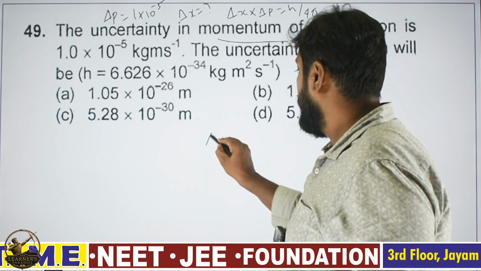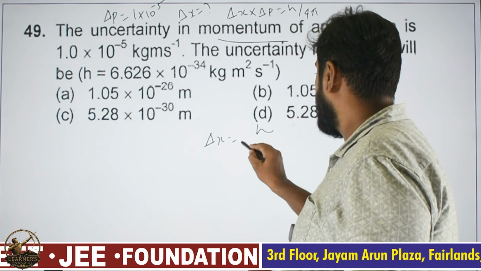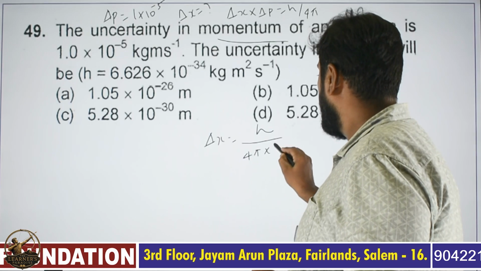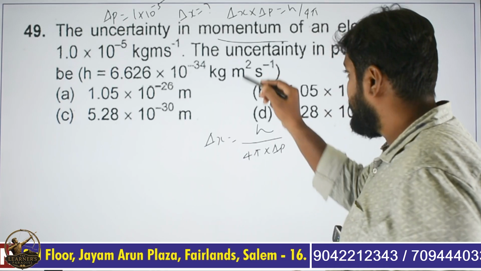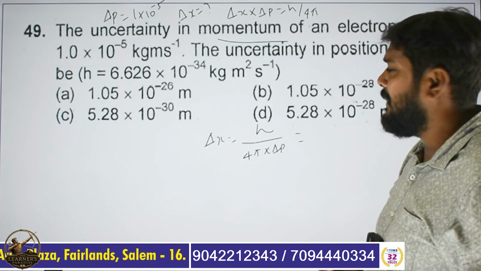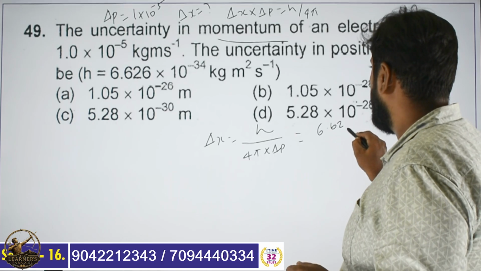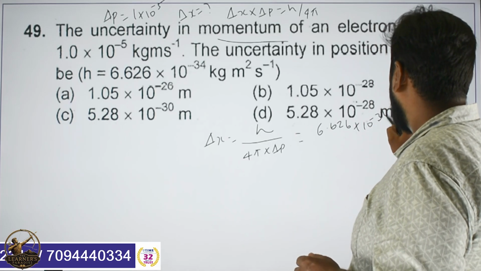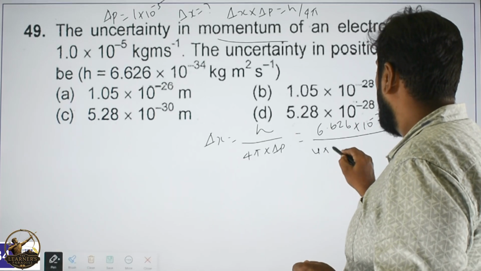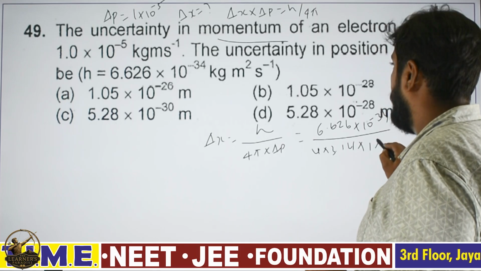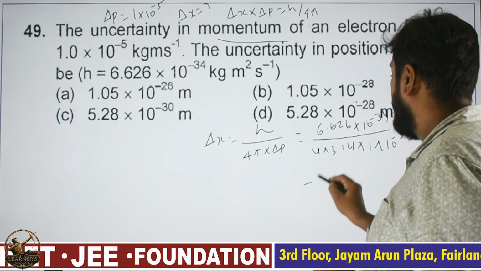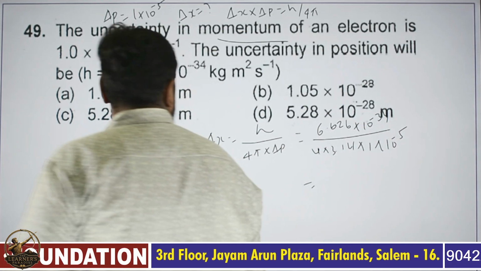Right? So del x which is equal to h by 4 pi into del p, that is h is also given, h is nothing but your Planck's constant, இல்லையா? So 6.626 into 10 to the power minus 34 divided by 4 into 3.14 into 1 into 10 to the power minus 5. By solving this, what will you get?